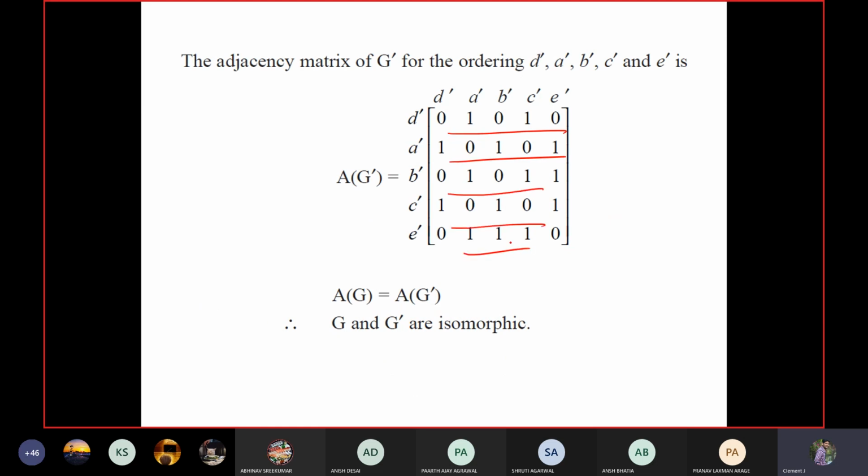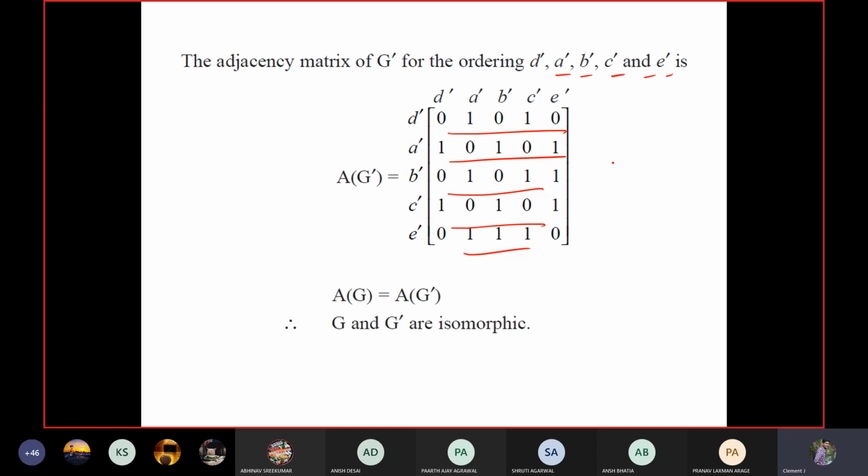If by mistake you have used A dash, B dash, C dash, D dash, E dash, certainly you will get a wrong answer, because you have wrongly assumed a degree sequence. So when you follow the adjacency matrix, you should strictly follow the same degree sequence. Only then are you able to confirm whether both graphs are isomorphic or non-isomorphic.